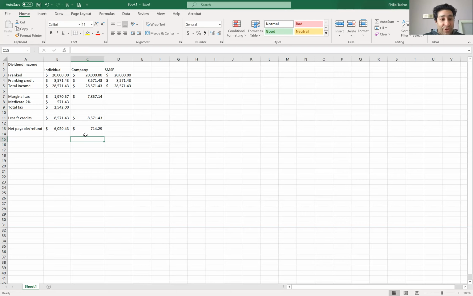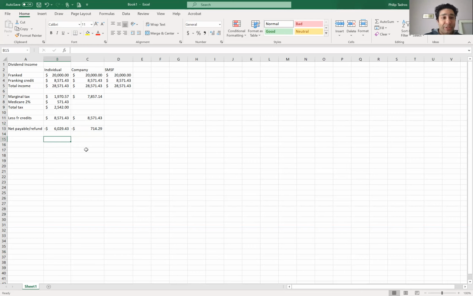You're left with $714, which can be used as a tax loss to offset any future years in which the company has any further income, provided that the company meets certain tests to be able to use this loss as a carry forward.